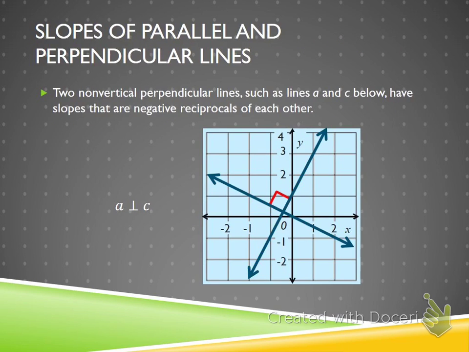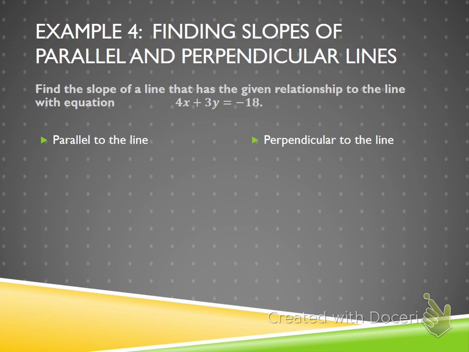All right, so this is what I'm looking at. I want you to write down this equation. 4x plus 3y equals negative 18. Here's what your directions are going to say. Find the slope of a line that has a given relationship. Okay, so I've got to write this in slope-intercept form. Go ahead and write this equation in slope-intercept form.